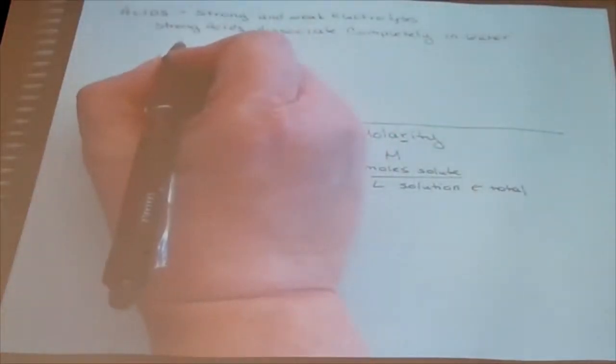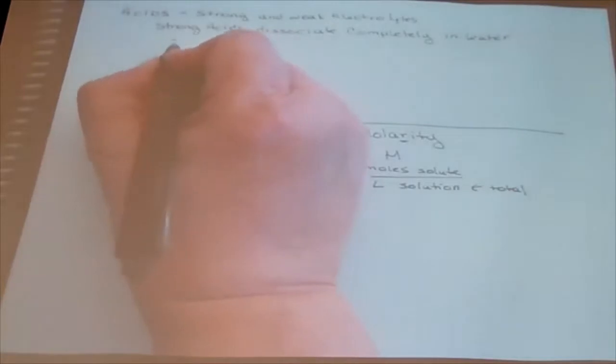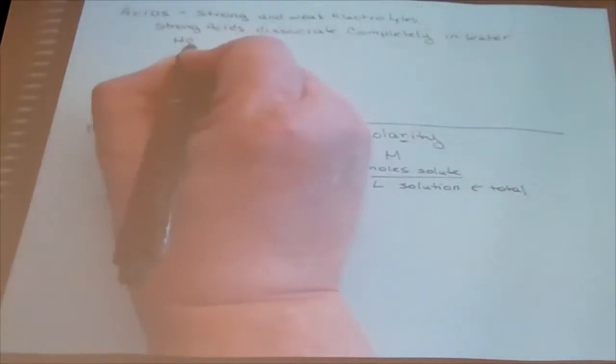And so what this means is, if I take hydrochloric acid, there are no molecules of HCl in water. There's only chloride ions and hydronium ions. Just like if I have NaCl, there are no molecules of NaCl in there. There's only Na plus and Cl minus. There aren't very many of them, but they tend to be the ones that we use in lab. So 3 of them kind of go together.